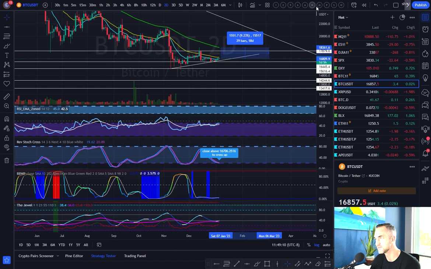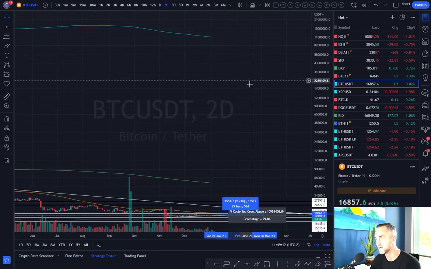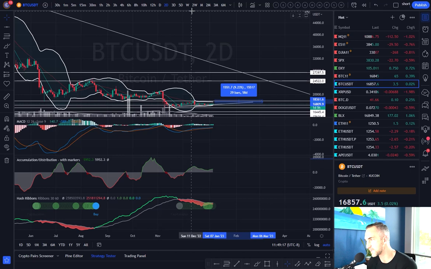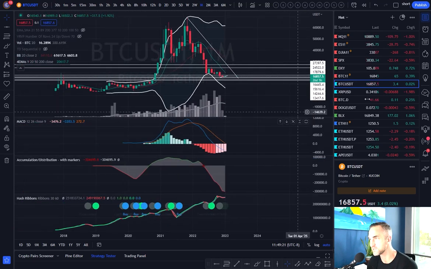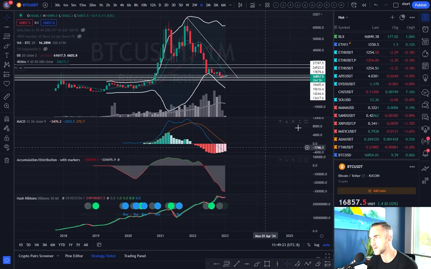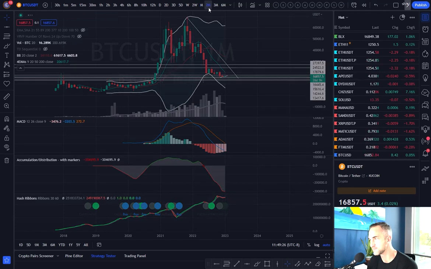We are still very negative. We want the accumulation distribution indicator to catch a positive slope on the weekly time frame, which we are still quite negative on.